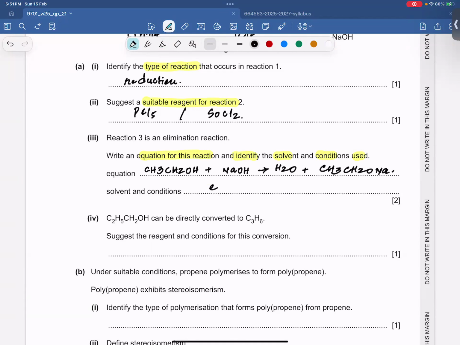Solvent is going to be ethanol, and condition is going to be heat, or heat under reflux.